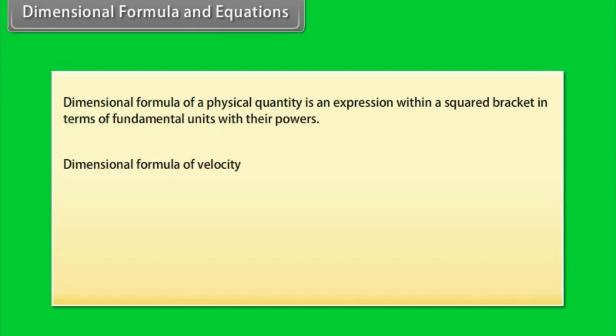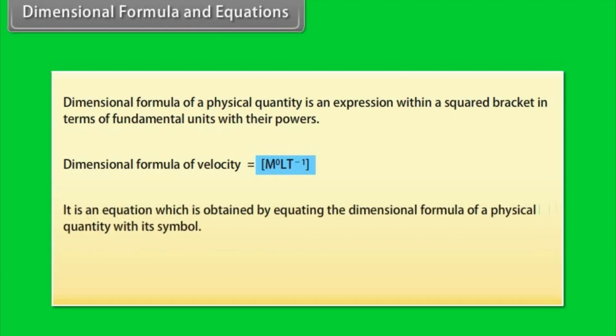Dimensional formula of velocity is [M^0 L T^-1]. Dimensional equation is an equation obtained by equating the dimensional formula of a physical quantity with its symbol. Let us take an example. Dimensional equation of velocity is V is equal to [M^0 L T^-1].